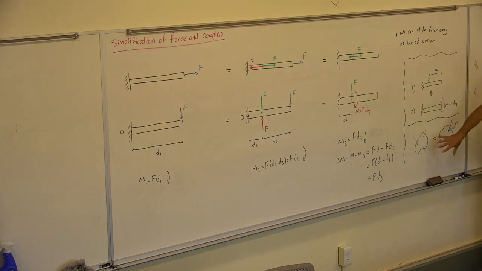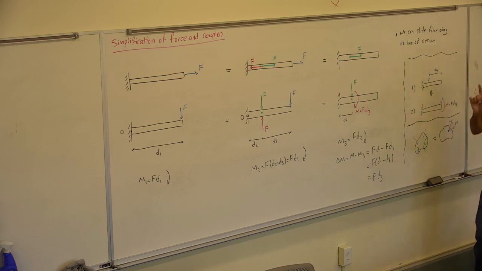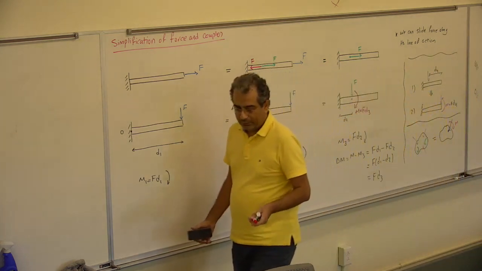So basically, this is what we want to do. If you have a system of forces and moments, you might have some moment as well. We want to bring them all to a single point and add them together. This is how we are going to do it: we move it force by force, and then we compensate for the moment that we have.